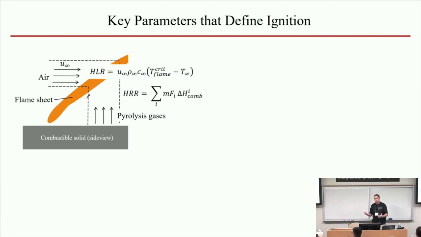In somewhat simplified form here, heat losses are simply the amount of heat that is required to heat the incoming air that enters this control volume from its initial environmental temperature to what I call the critical temperature of the flame. Critical temperature of the flame is the minimal temperature of the flame at which the flame exists.